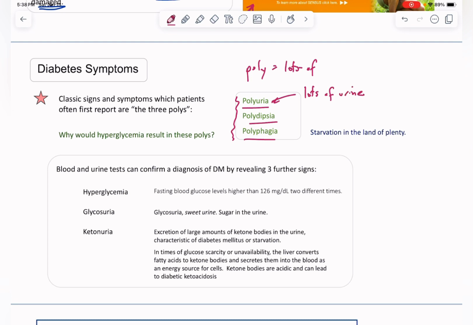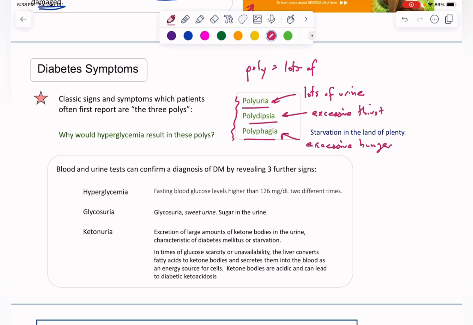That means you're urinating a lot. What about polydipsia? That means you have excessive thirst. And what about polyphagia? That means you have excessive hunger.